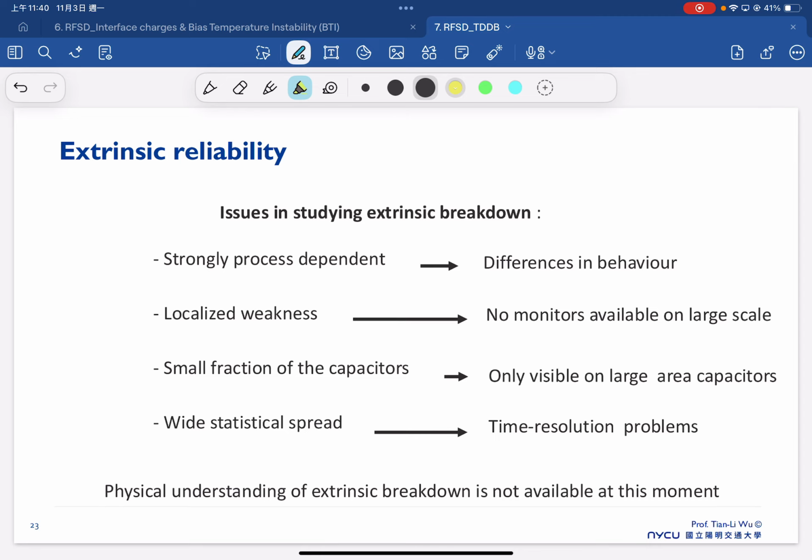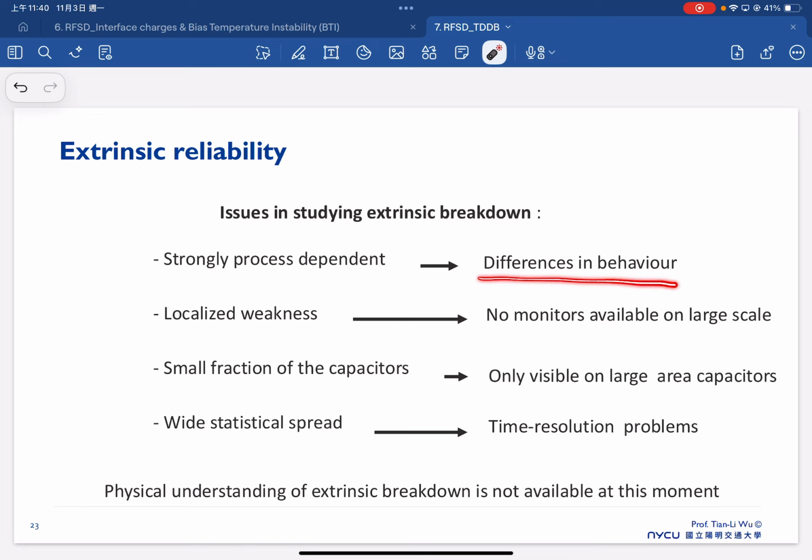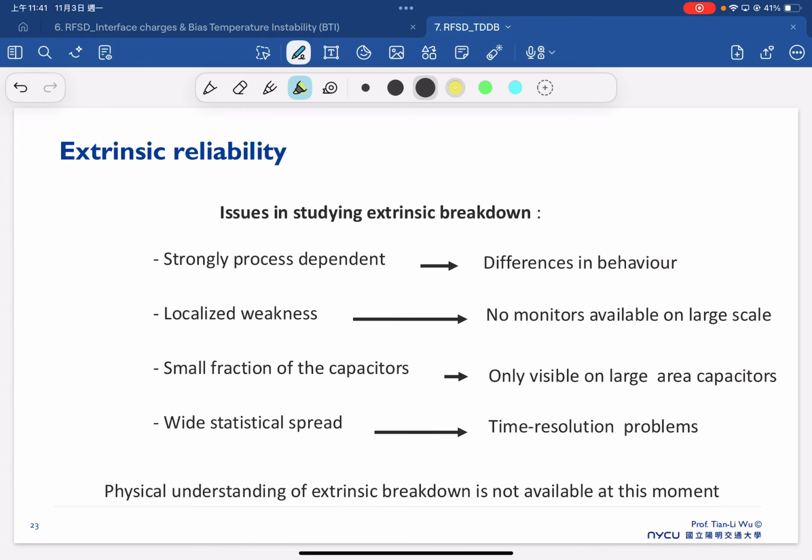For example, it has strongly process-dependent behavior, has a localized weakness, and we need a large area capacitance to see this result. Also very important is the very wide statistical spread here. So that's normally the issue of the extrinsic reliability.